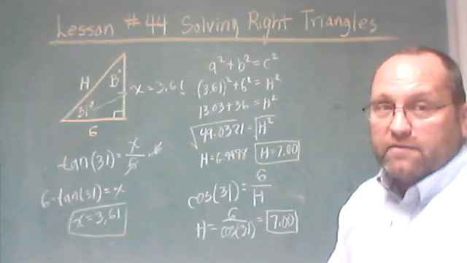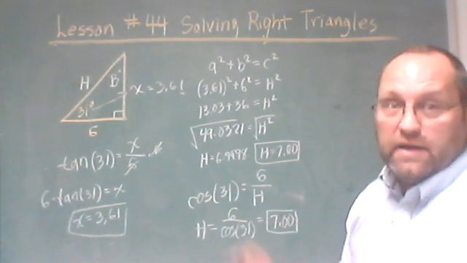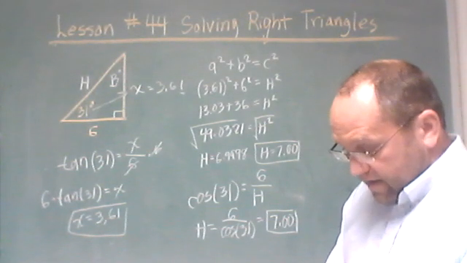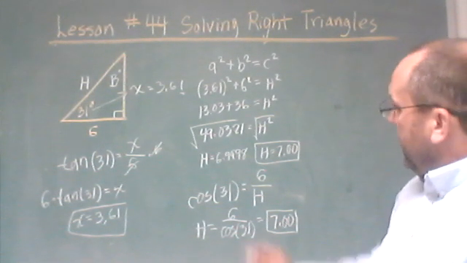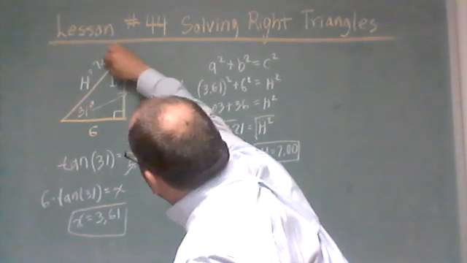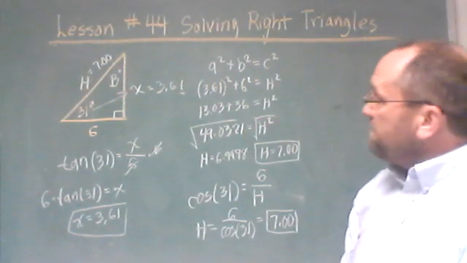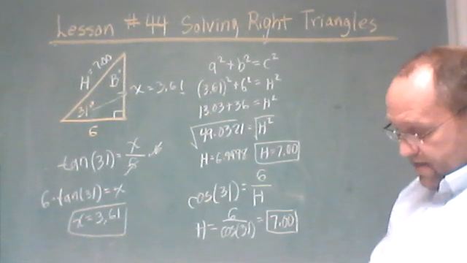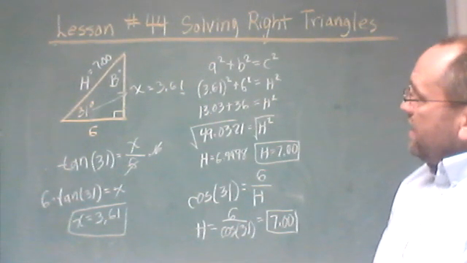I don't know why they have it, but to do the trig functions is really easy on my calculator, so I much prefer doing that, okay? So what do we have? We have that one solved up here, 7.00, okay? And then let's solve for our angle B up there.